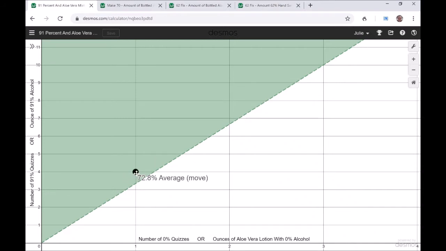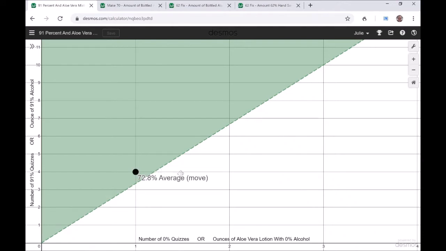And I can move this and I can change this. Again, this is the same concept, the same mathematics, whether we're talking about quizzes or we're talking about aloe vera with 0% alcohol and bottled alcohol that's 91% alcohol. If I have 1 unit of aloe vera and 4 of the alcohol, we're going to get this average.